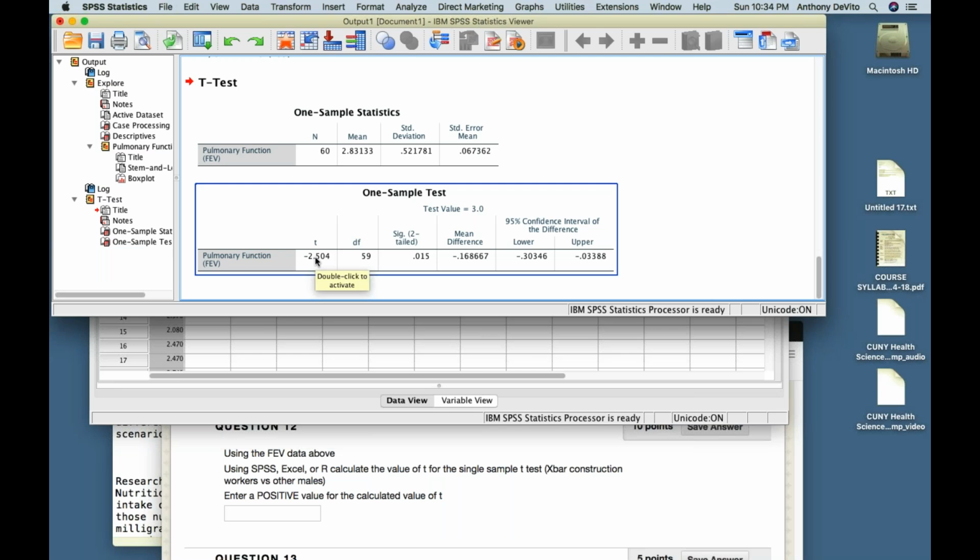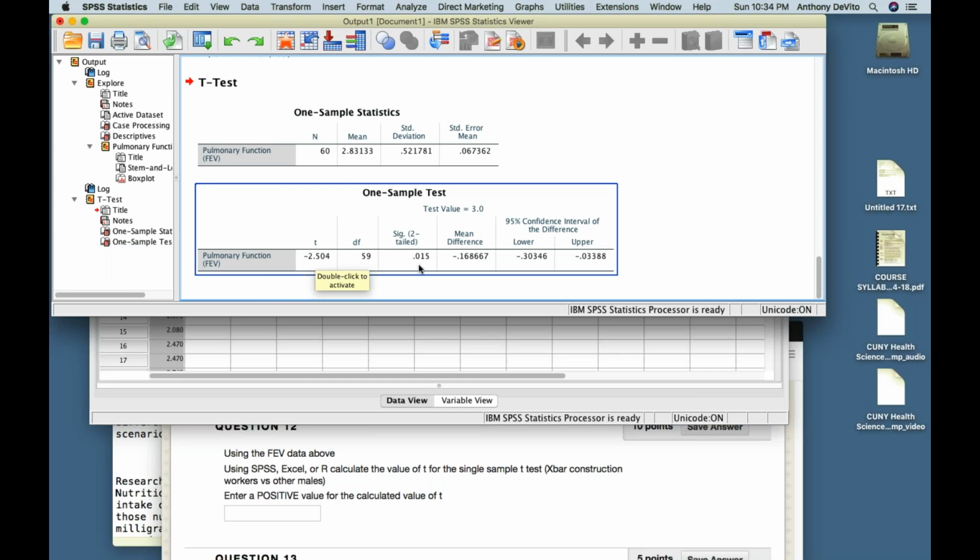So we could do this just on that alone. But SPSS goes a bit further, and it tells us that the significance, with both sides accounted for, possibility of it being lower, possibility of it being higher, is 0.015. That's the probability that we would be wrong if we reject our null hypothesis.